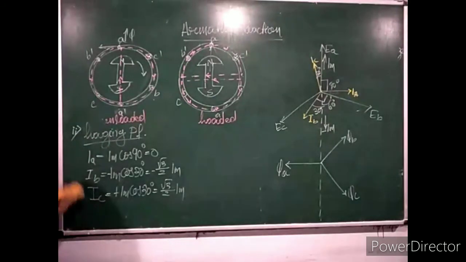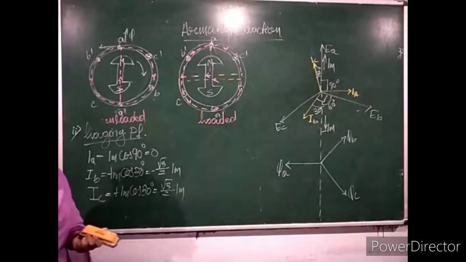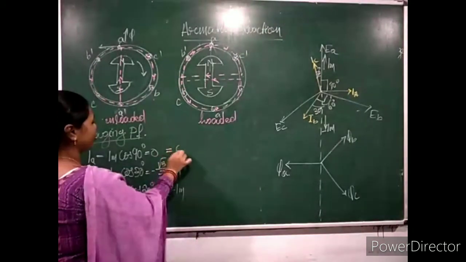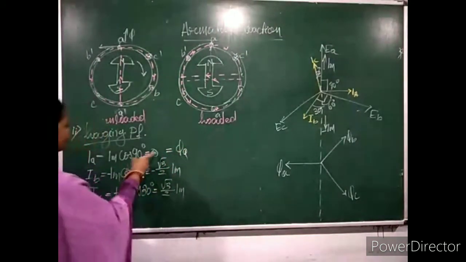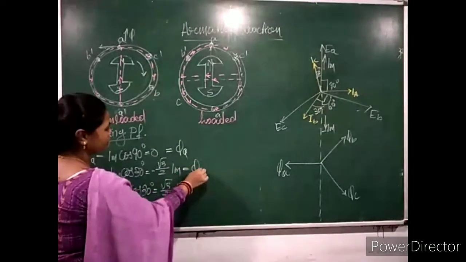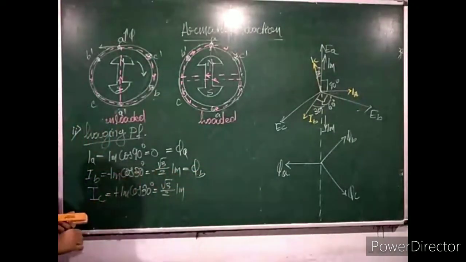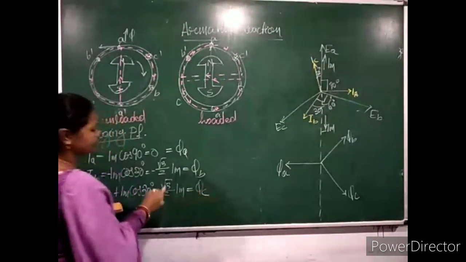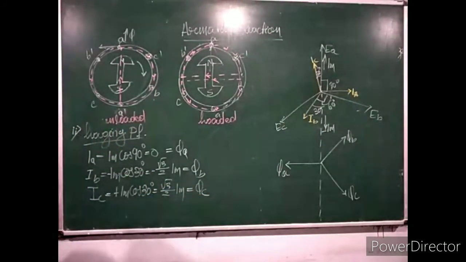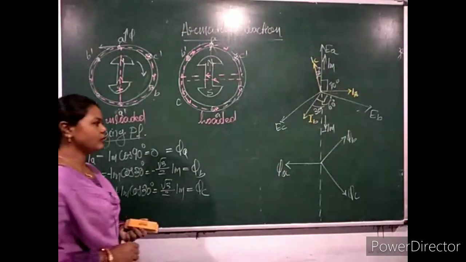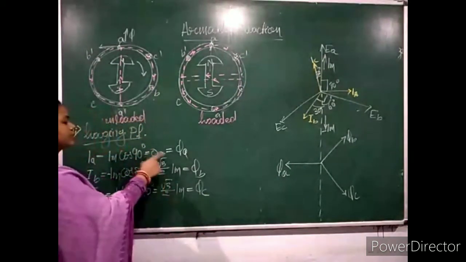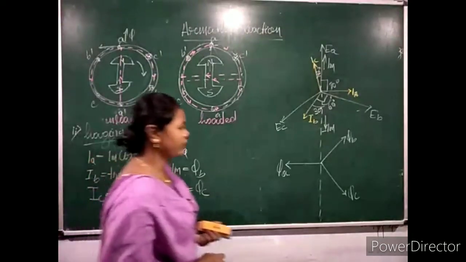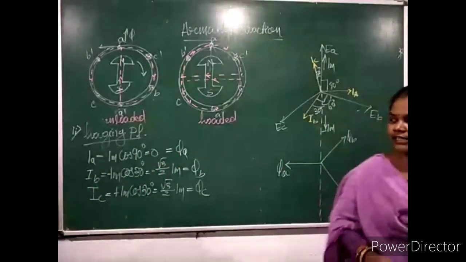Due to this current, the respective flux is produced in the armature conductor per phase. So the value of phi A is 0, phi B is minus root 3 by 2 phi m, and phi C is plus root 3 by 2 phi m. By taking these values, I will draw the phasor diagram for getting the resultant flux.